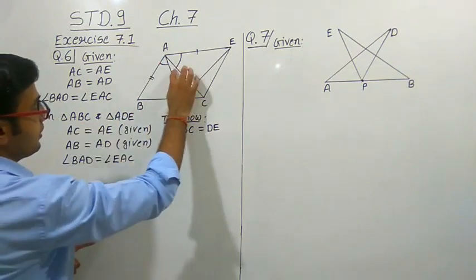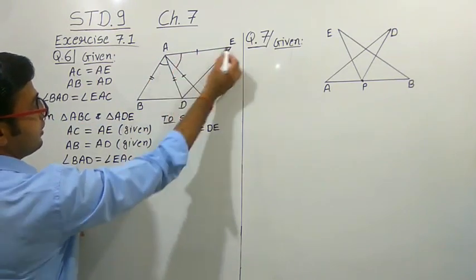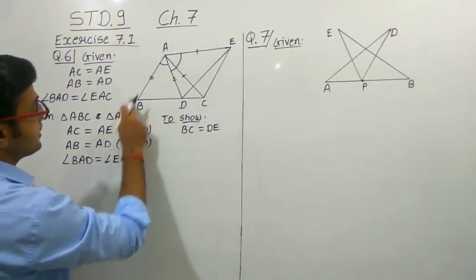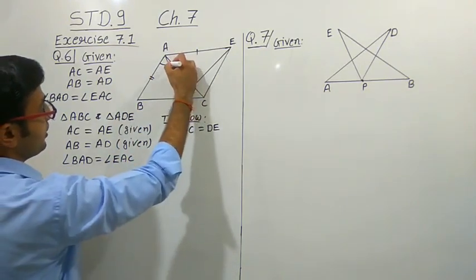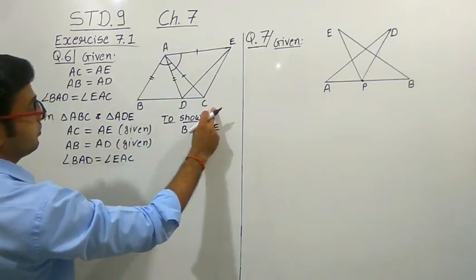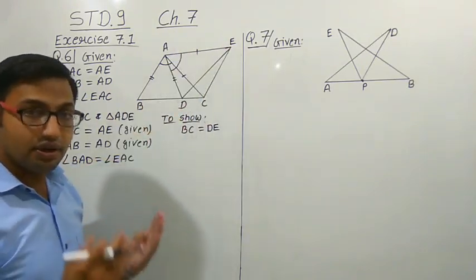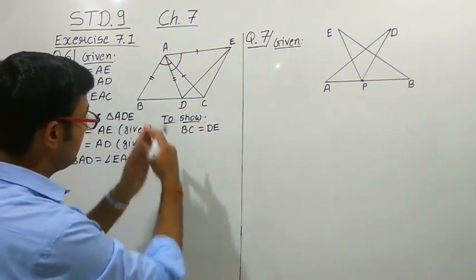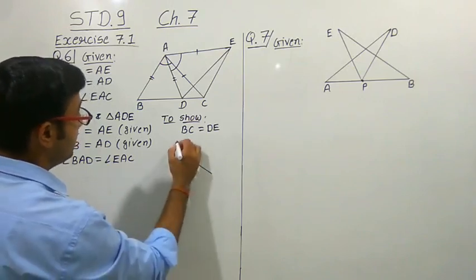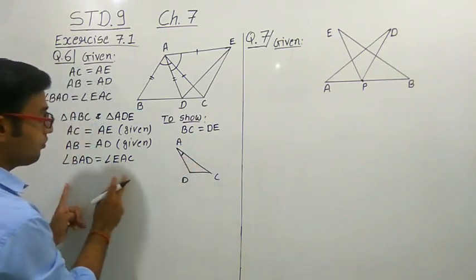So you can see that this angle EAC we have to extend up to here, and this angle BAD we have to extend up to here, so that BAD will become BAC and EAC will become EAD, and that is our requirement. So what we are basically doing is adding this angle BAC, we are adding this much of the angle on both sides.